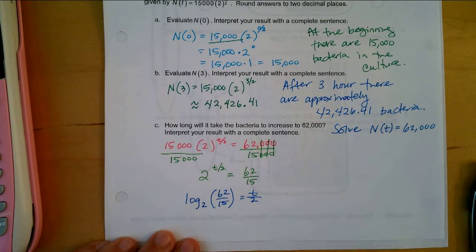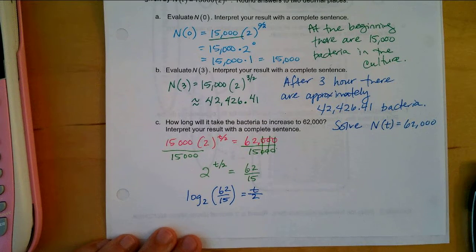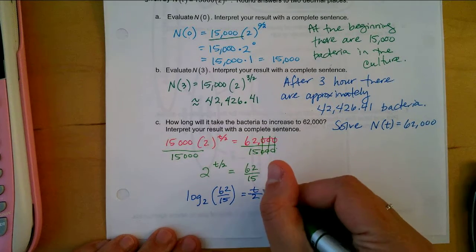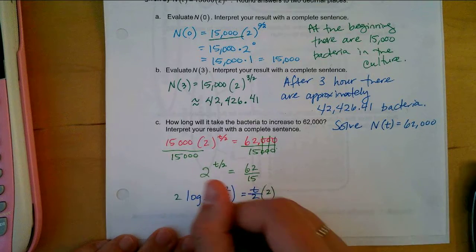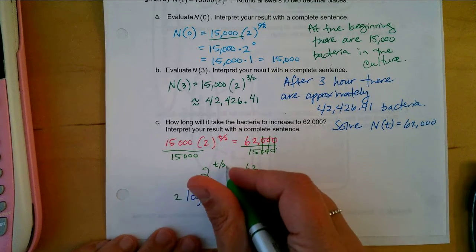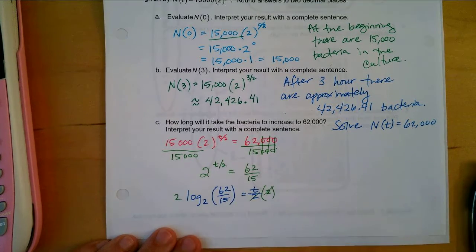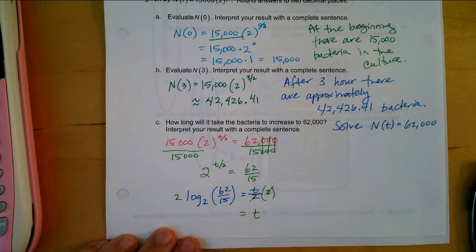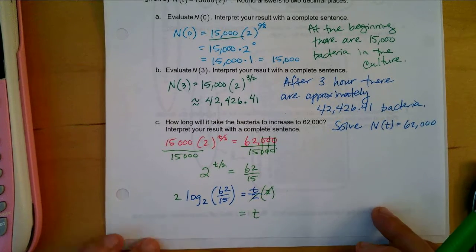Oh, that's t over 2. I didn't quite get t by itself. Is there something else I could do to get t by itself? Times 2. Not because of the base 2, but because of the dividing by 2, right? So that would cancel, and we get t is equal to all of this.